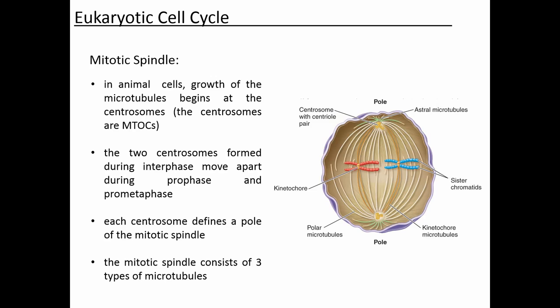The microtubules that overlap are polar microtubules. Okay, so the polar microtubules are the microtubules that overlap with microtubules coming from the other pole. And these polar microtubules play a role in separating the two poles from each other. So they push the two poles apart during cell division.